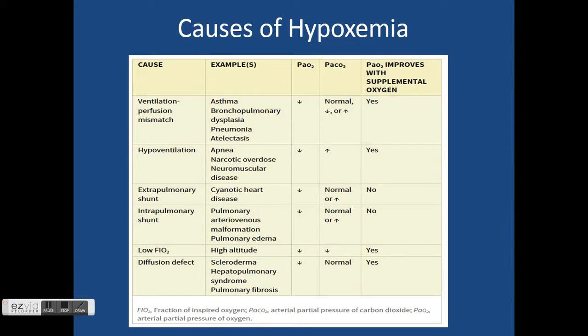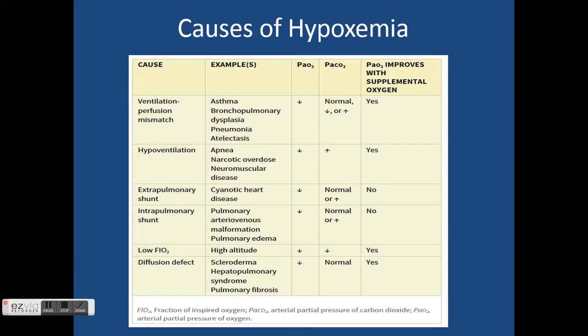These kids as well will not typically respond to oxygen supplementation. Another cause is low FiO2. We usually don't see this. Typically, it's a high altitude thing. Unless you're practicing in the mountains or you're on air transport, it's really not of great significance, but just be aware of it. Their PaO2 and their CO2 will be low and will respond to oxygen once you give it to them.